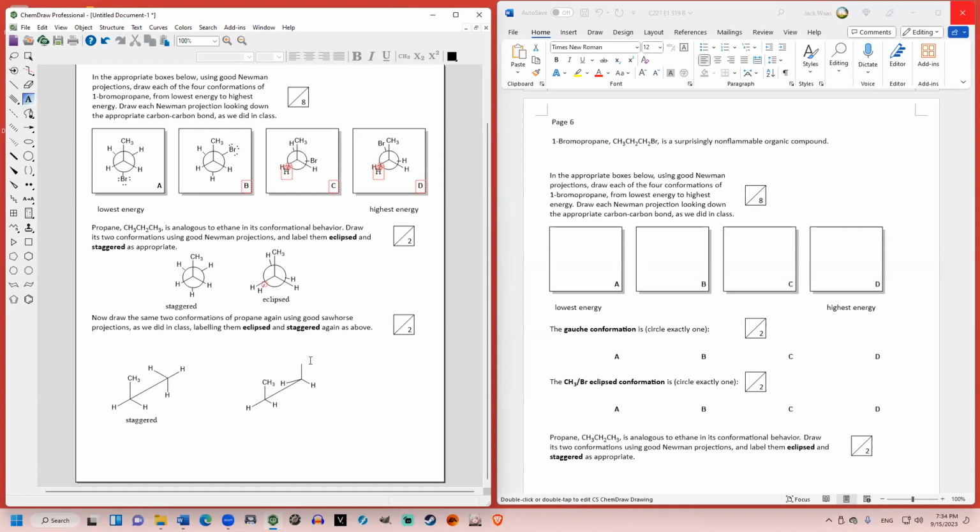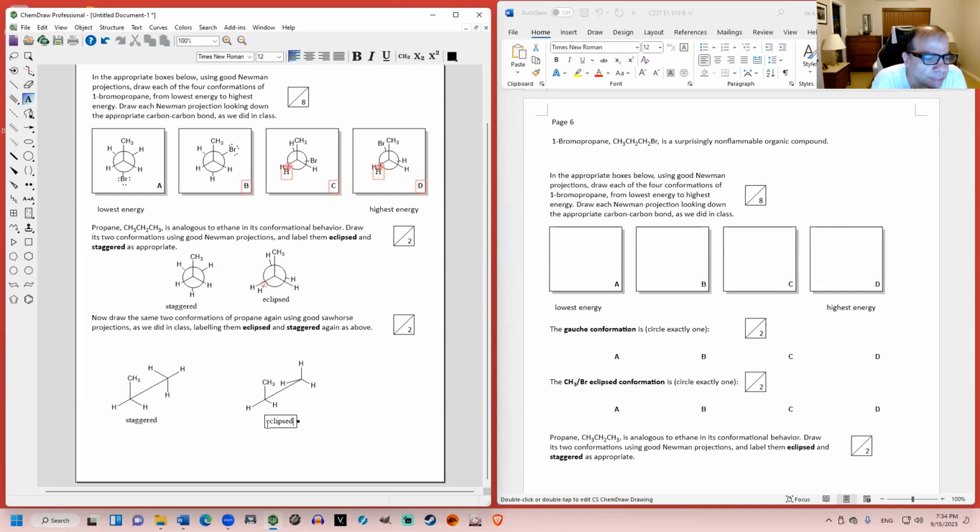So wait, for staggered conformations, would it be like evenly, like both sides will look the same, while for eclipsed, both sides look a bit different? To me, it looks kind of the opposite of that. Sorry, give me one second. I need to observe. In the staggered conformation, this methyl group needs to be between the two hydrogens, just like it's between the two hydrogens in the Newman projection.